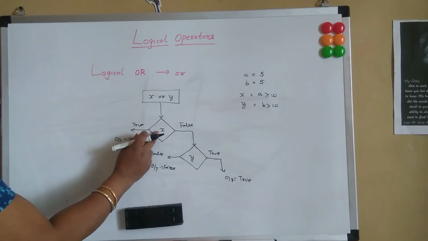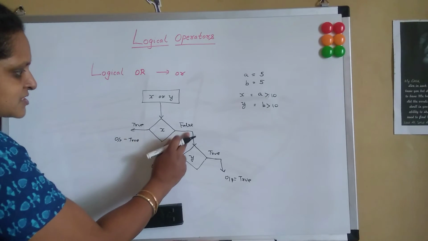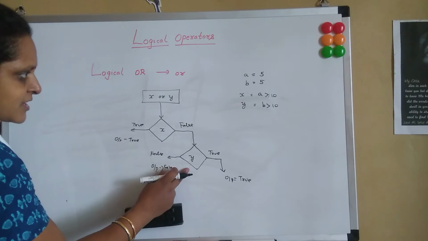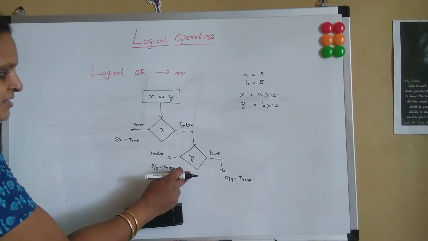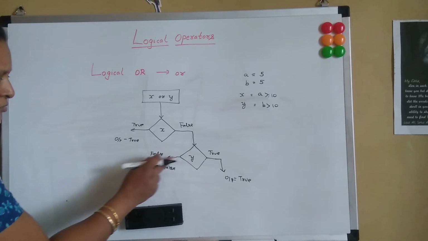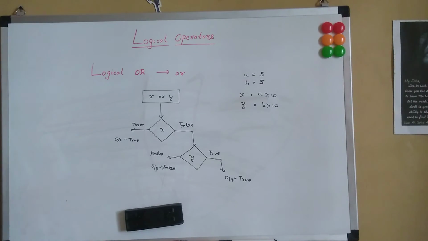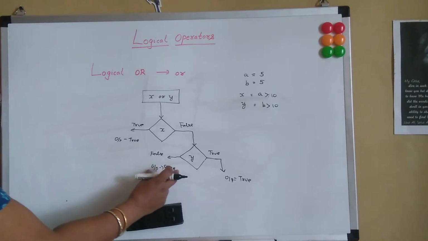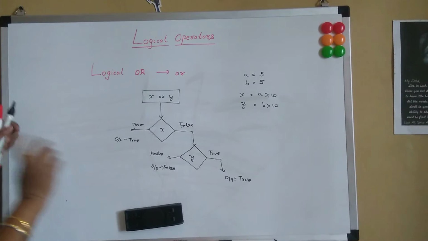So it checks if A is greater than 10. A is not greater than 10, so it is false. So it checks for Y. B is greater than 10? B is also not greater than 10, so it comes out to the false condition and prints the output as false. So it returns a boolean value, either false or true, depending on the condition.